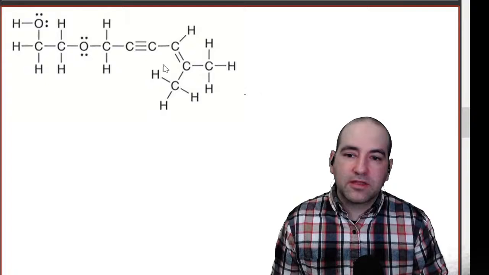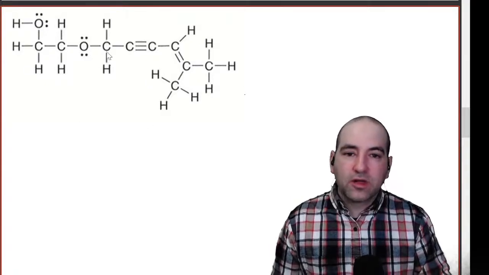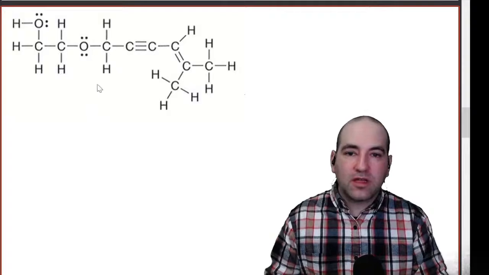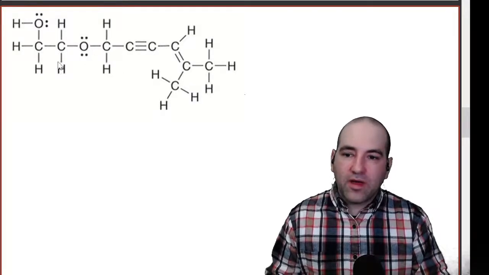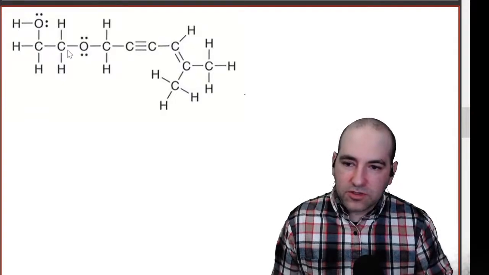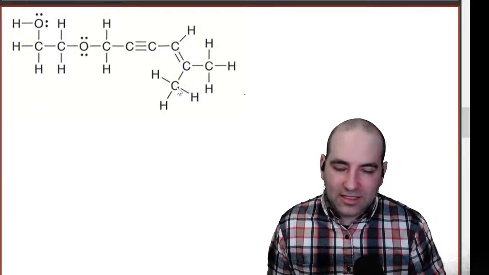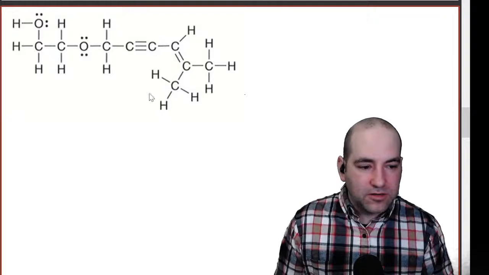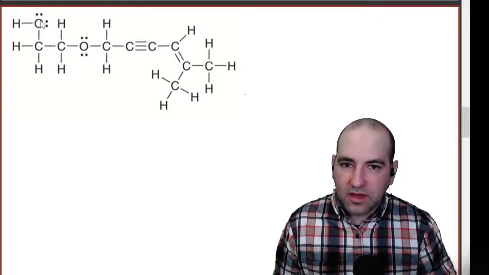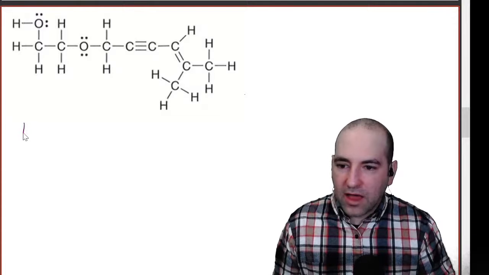But what we are going to do to make this a little easier on ourselves is first draw a condensed structure so we can see how the carbons and everything else connects to each other without all these extra hydrogens everywhere. So all I'm going to do is go through the structure, draw it exactly as it is here, but just condense the hydrogens onto their carbons. So instead of the H and then a line and then O, I'm just going to call that HO.